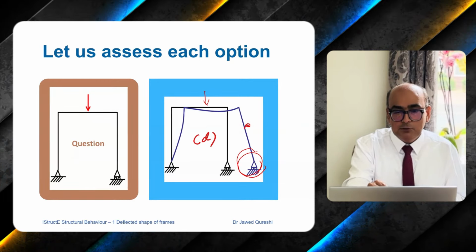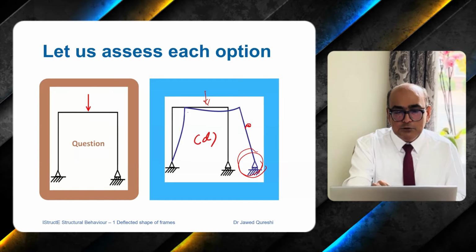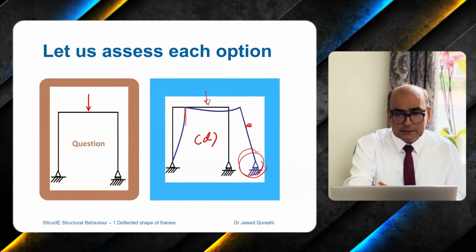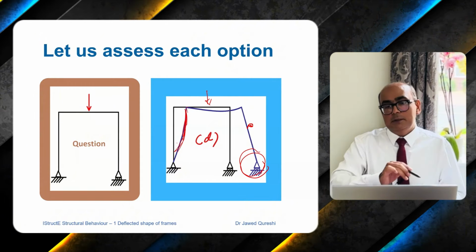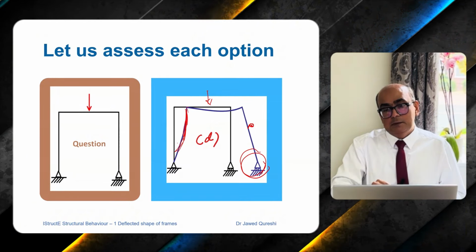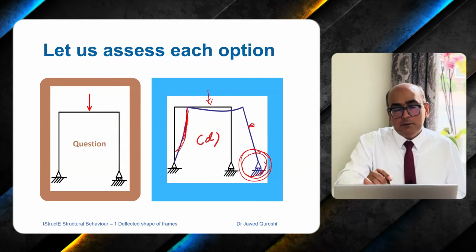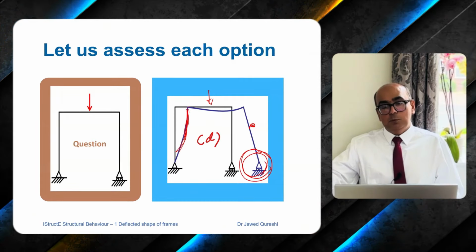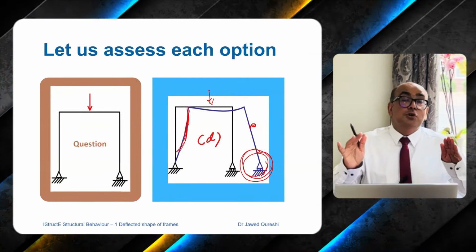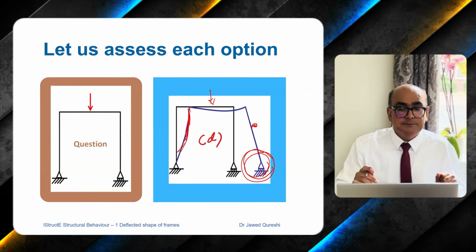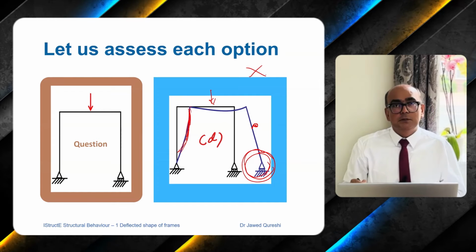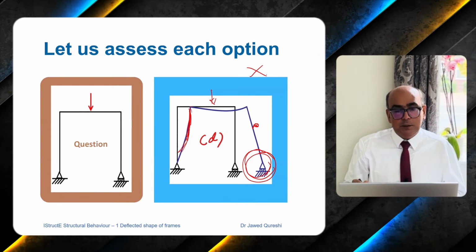When load is applied over here, now you would see that some kind of deformation is happening over here. When the right column is moving rightwards, the left column should not have any deformation. When it has some deformation, it means that this option is wrong as well.